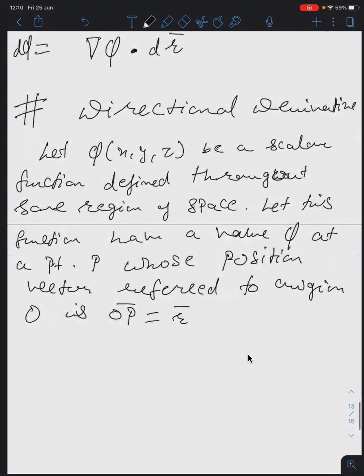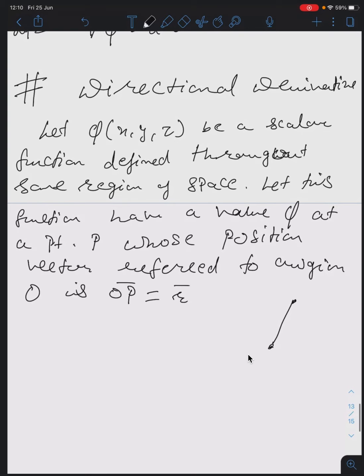That means a point is there somewhere, and this one I am taking, that is OP bar. Understood? Are you able to follow?